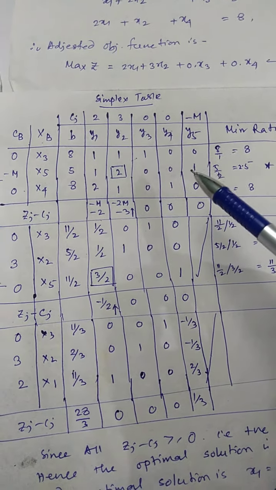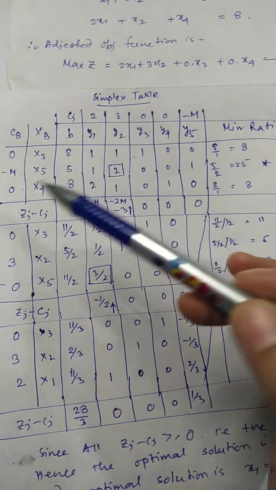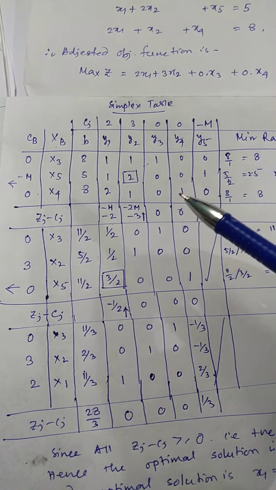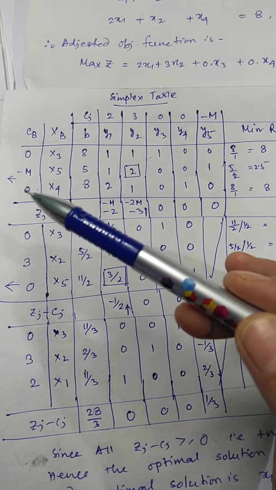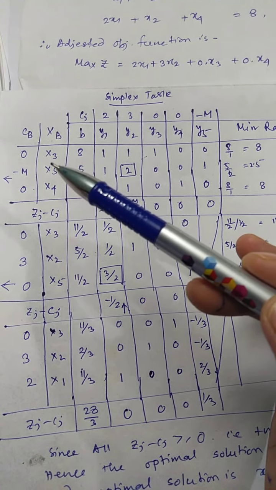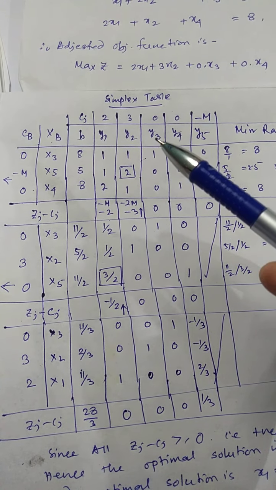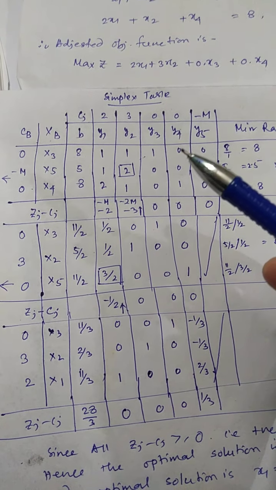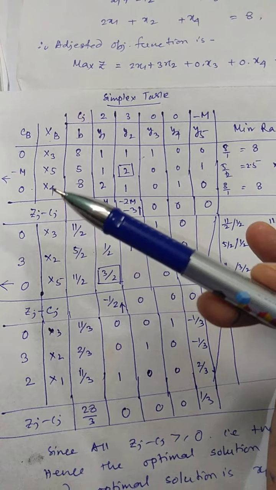Next is 0 1 0, the second basis, and the cost is minus M. The third basis is Y4, 0 0 1, so the cost is 0. And against the values of the vector, the first basis is Y3, that is x3, then Y5, that is x5, and last is Y4, that is x4.